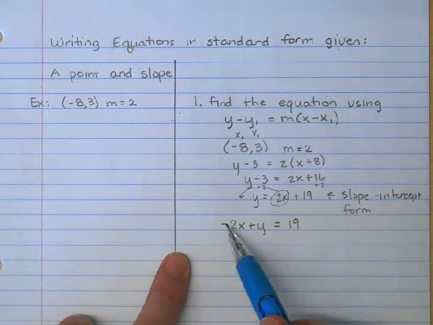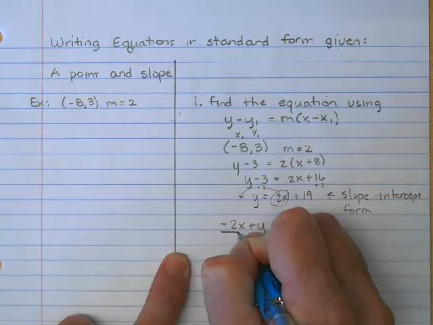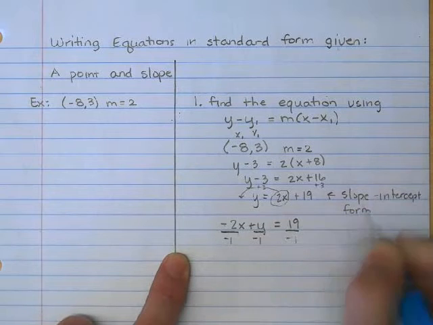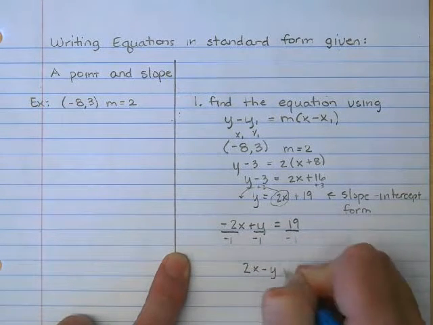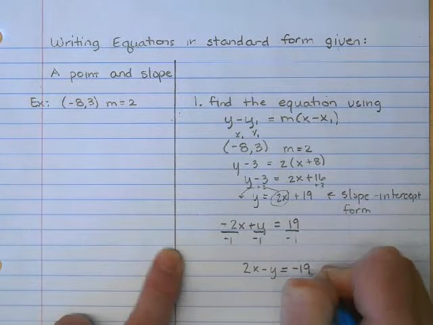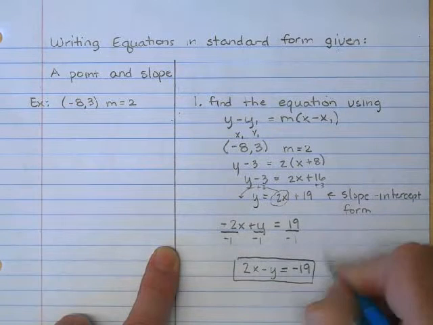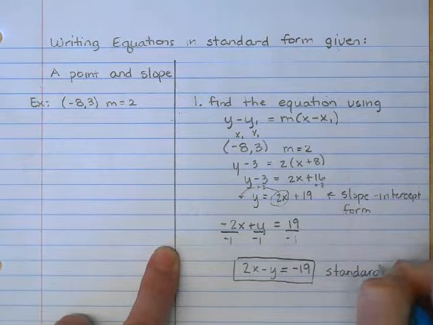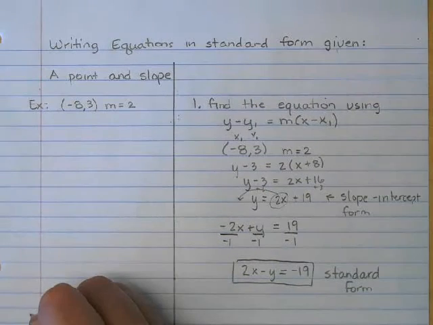And remember that our leading coefficient can't be negative, so I'm just going to divide everything by negative 1. So now I have 2x minus y is equal to negative 19, and that is in standard form. So the key is just do what you've always done.